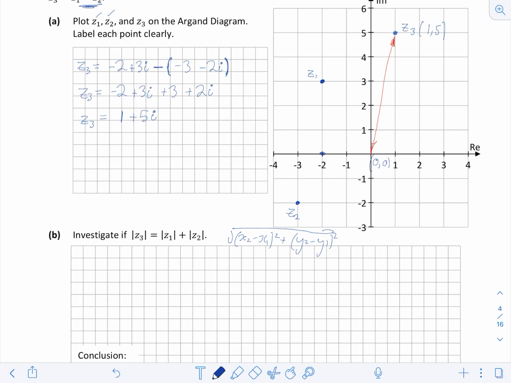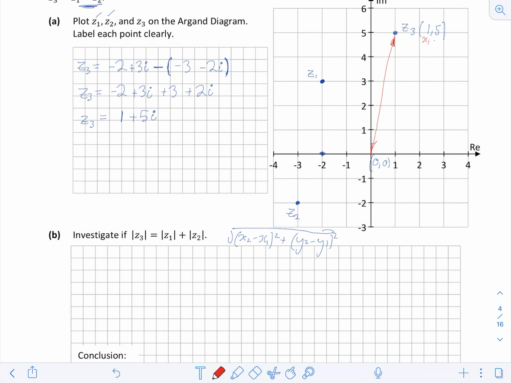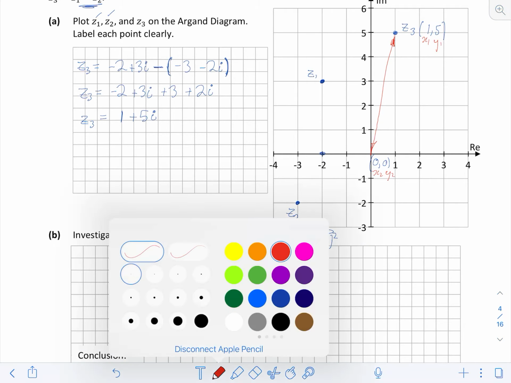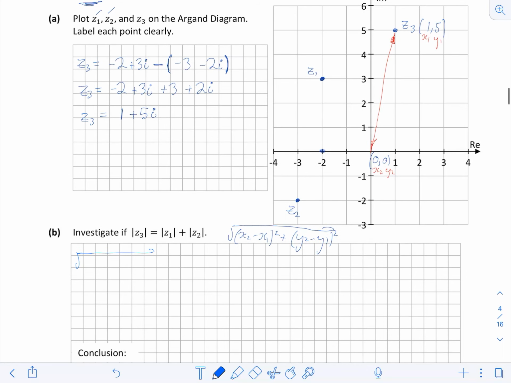Okay, so I need to label up my points next. I might go back to my red pen and I'll call this x1, y1, x2, y2. Right, and then back to blue. So we now have the square root of 0 minus 1 squared plus 0 minus 5 squared.